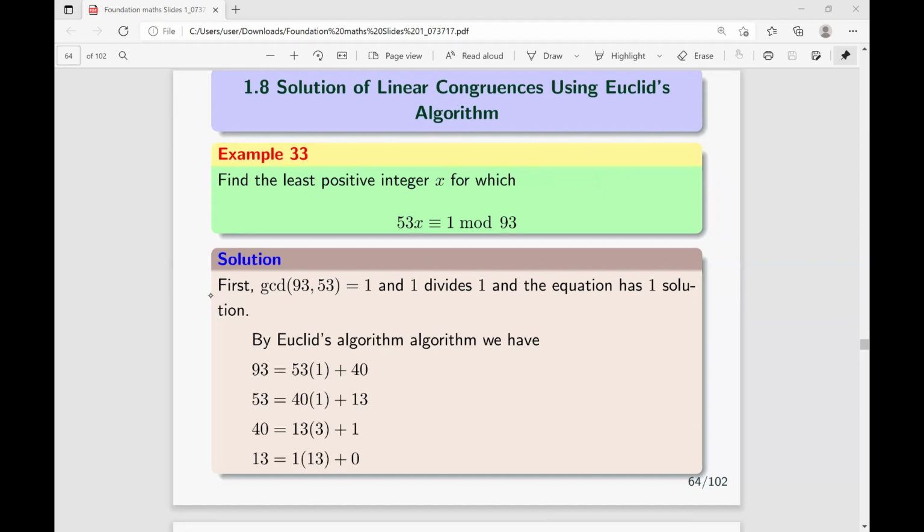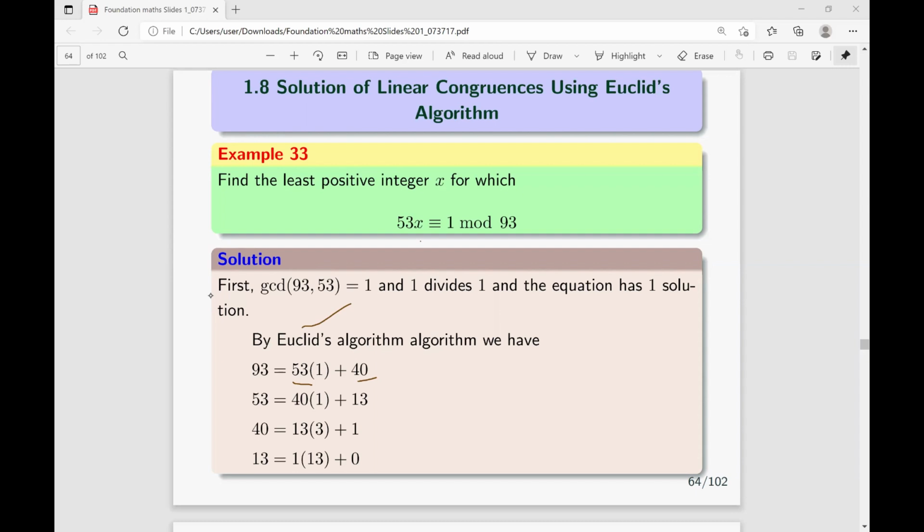So what we did is we ask ourselves, how many times does 53 go into 93? You find that it goes there once, and the remainder is 40. So I'm using the Euclid's algorithm. Then ask myself, what about 40 into 53?